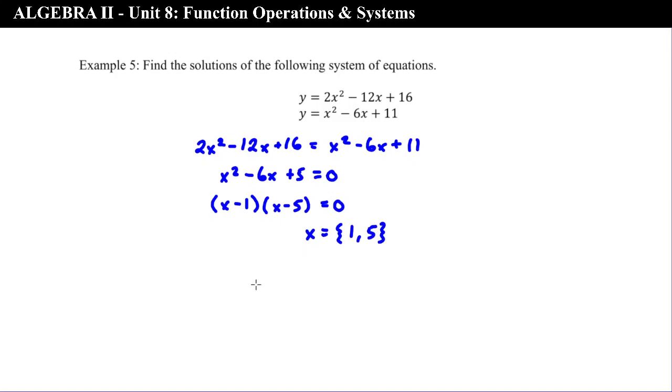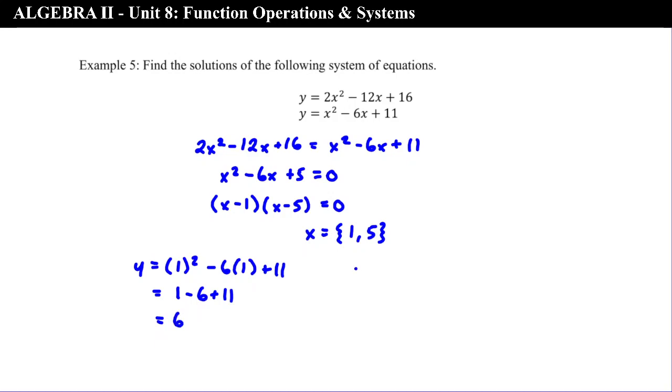So like we did before, we're just going to plug in each of these values into one of the two. Let's use the second one since that's easier to use. So if we plug in 1 for x, we've got 1 squared minus 6 times 1 plus 11. And so that's going to be 1 minus 6 plus 11. So y will be 6.